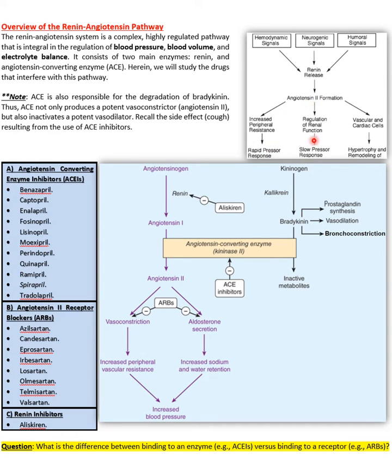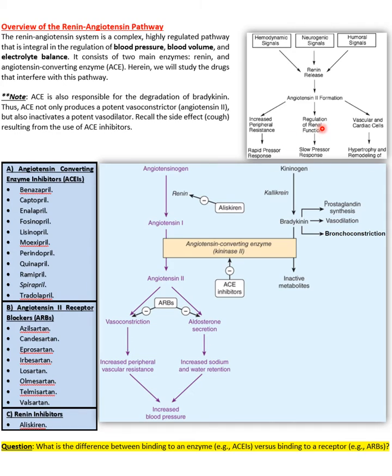And then it would also affect the function of the kidney by causing reabsorption of sodium and water. So it would basically increase the volume of the blood. This effect is a slow effect, and it's through the aldosterone secretion. The other one is through the vasoconstriction.